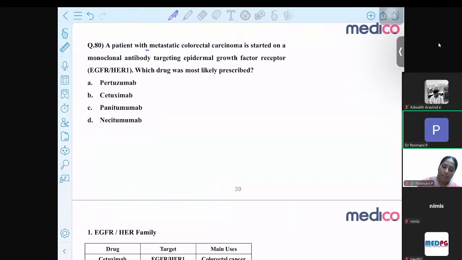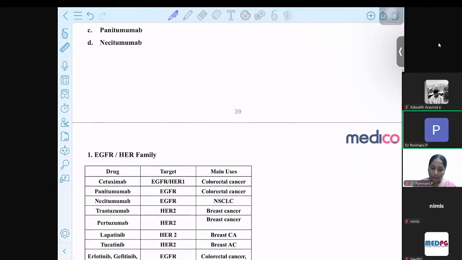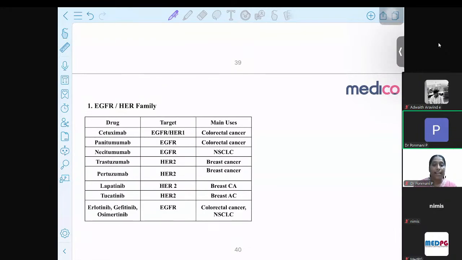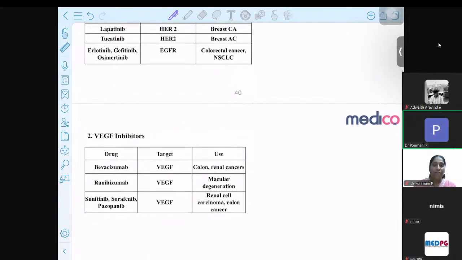A patient with metastatic colorectal carcinoma is started on a monoclonal antibody targeting EGFR. Which drug is most likely to be prescribed? Previously, in the same way, I have given the family of MABs which act on EGFR, VEGF, on the bone, on the platelets.